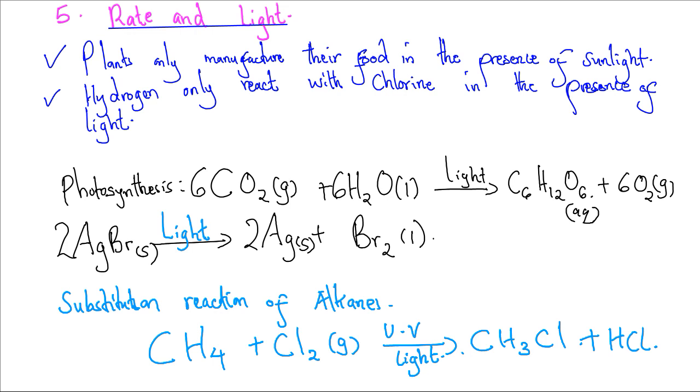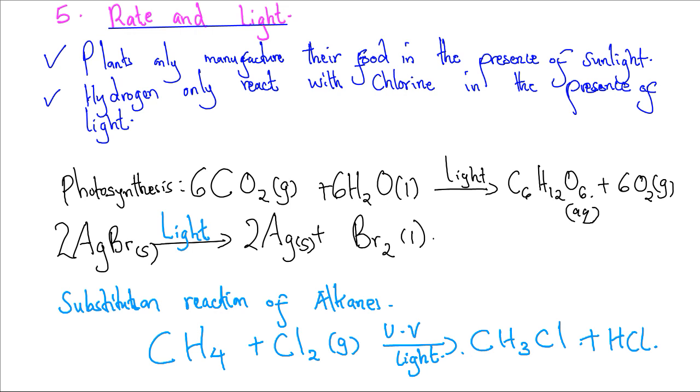A hydrogen in the methane is substituted by a chlorine atom to form chloromethane, and the remaining chlorine atom is then combined with the substituted hydrogen to form hydrogen chloride. So from this reaction, it is this sunlight that is able to make the reaction possible. Meaning, in the absence of sunlight, chlorine does not react with the alkane.